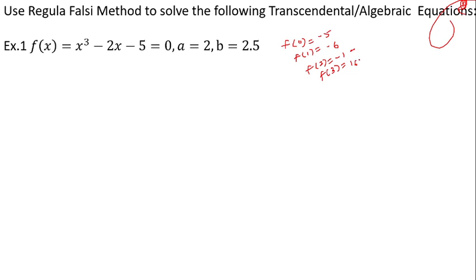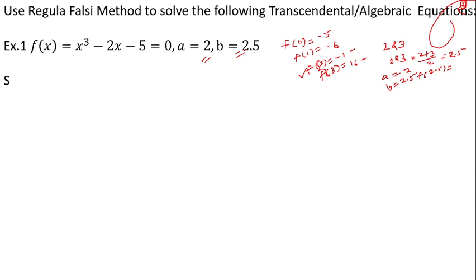So this is negative, this is positive, so the root lies between the two points 2 and 3. So we can take the average of 2 and 3, that is 2 plus 3 divided by 2, that is 2.5. So you can write a is equal to 2 because this is negative, and f of 2.5 is positive, therefore b is equal to 2.5. So in this problem a is 2 and b is 2.5 is already given, so don't bother about it.